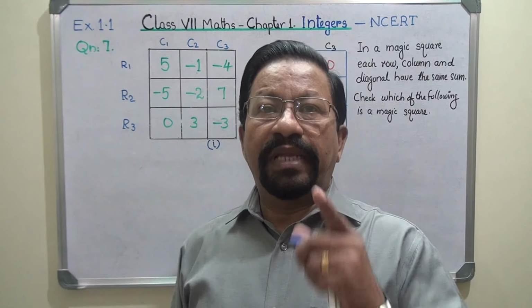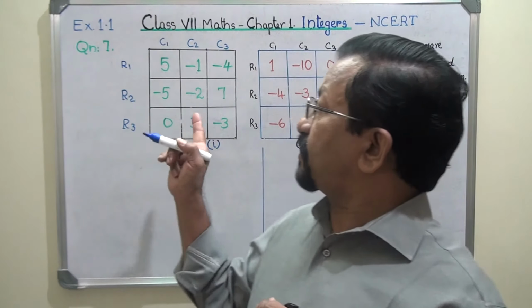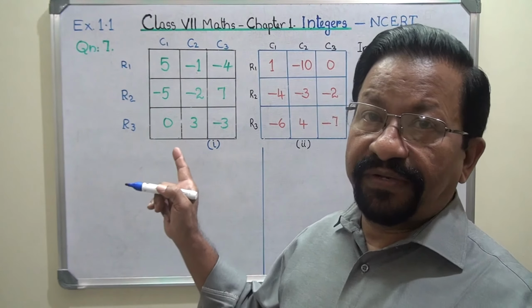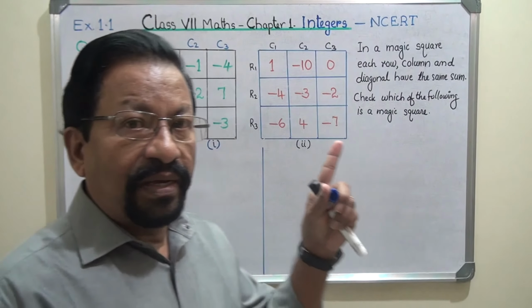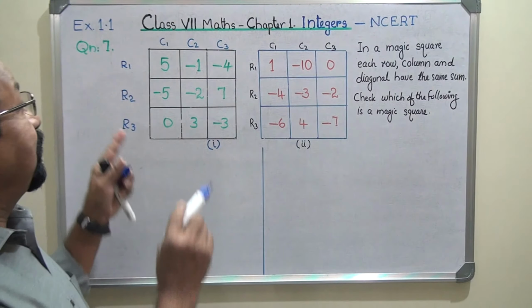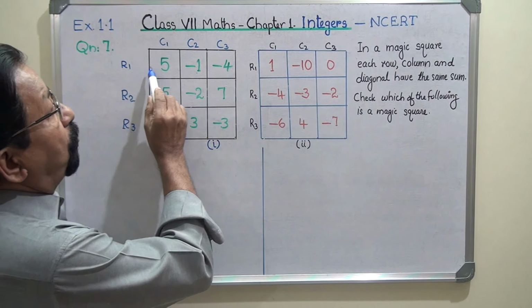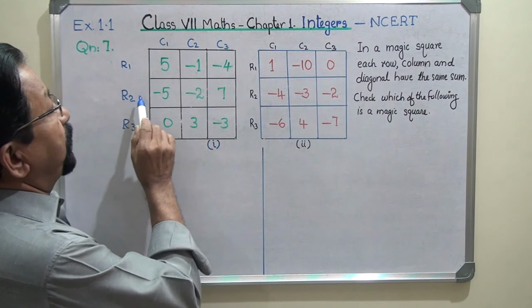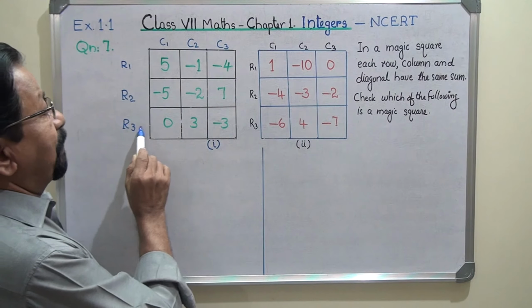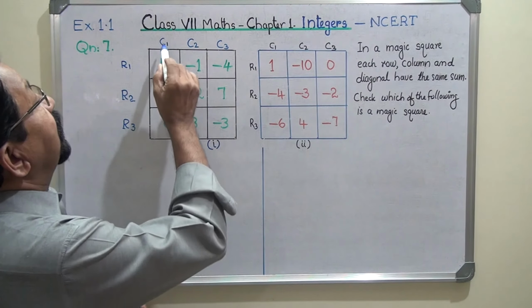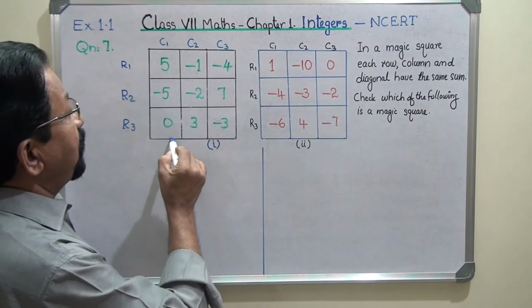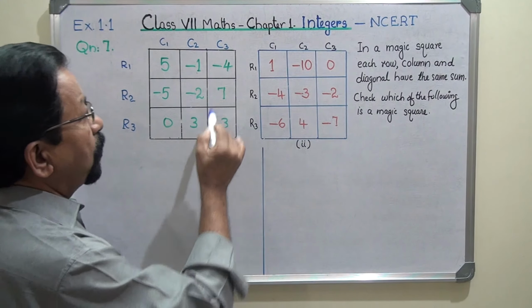Now, the first square. I marked here R1 means row 1, R2 means row 2, R3 means row 3. Here C1 means column 1, column 2, column 3.